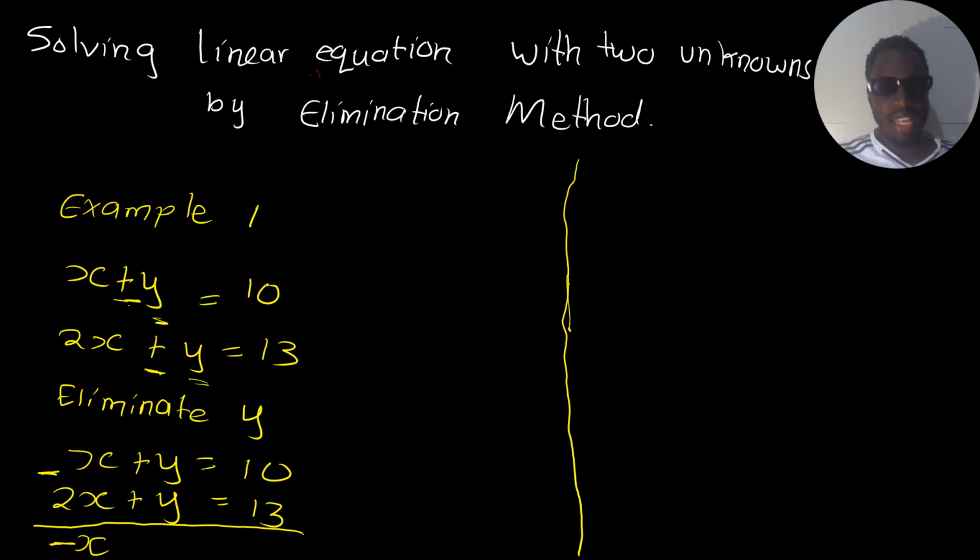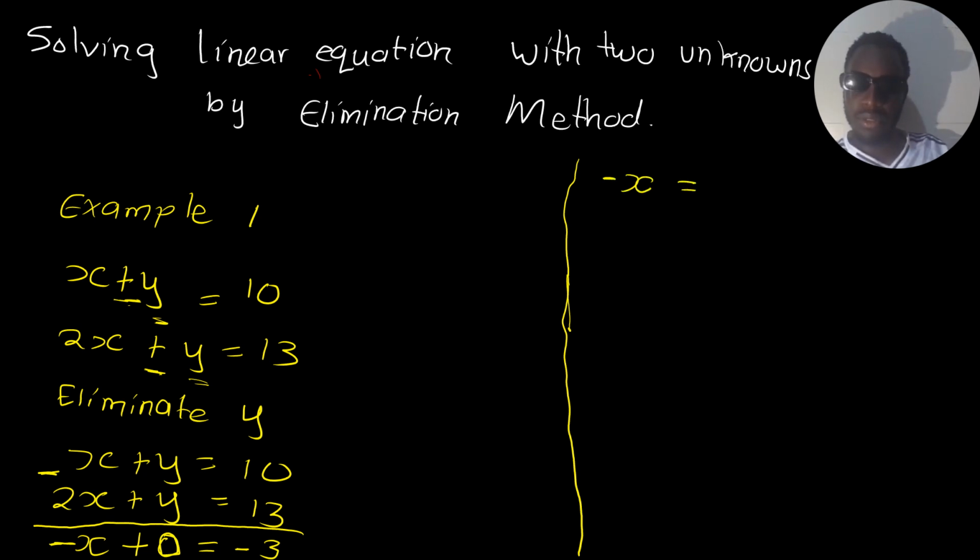Then y minus y gives 0, and 10 minus 13 gives negative 3. So in this case, we have eliminated y, as you can see here we have 0. So it will be minus x is equal to negative 3.